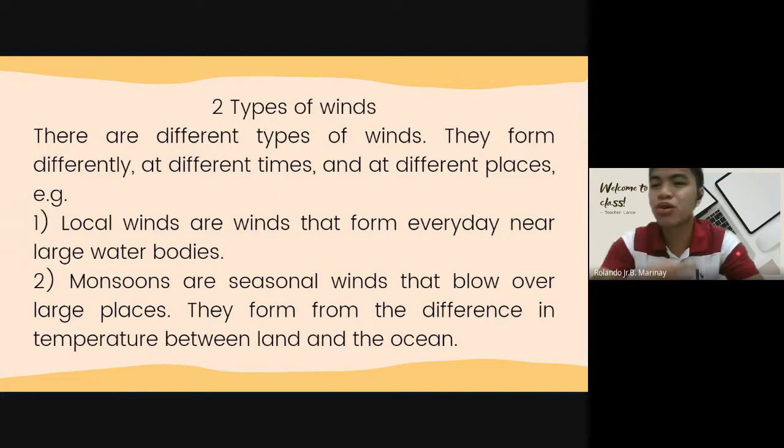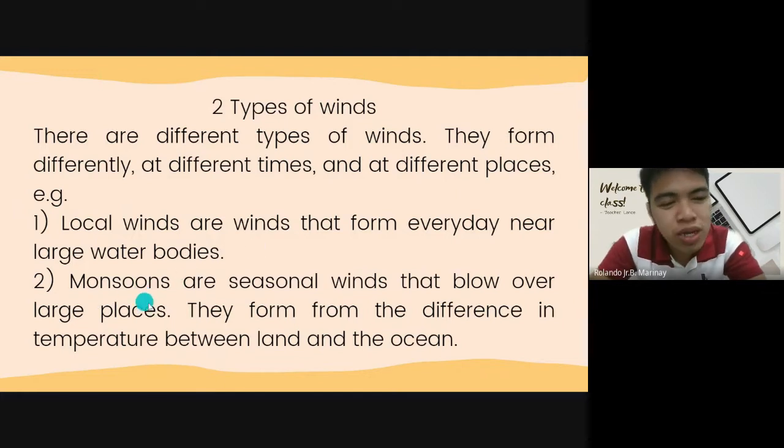So this place that we are living in is near the water bodies, right? So we have the beaches. We are near Songkla Beach, the Samila Beach. Okay, we are near the water bodies. So here, local winds are winds that form every day near large water bodies.